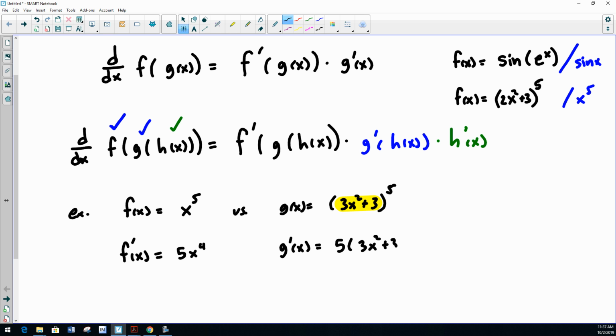And now I'm ready for the derivative of the inside. What's the derivative of the yellow? 6x, right? You can put 6x or 6x in parentheses. We can simplify later. We're not going to simplify anything until we start consistently getting the right answers, okay?